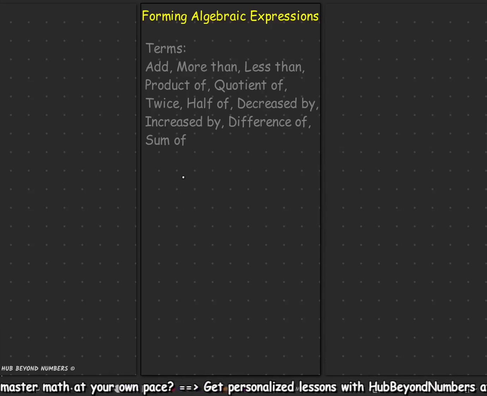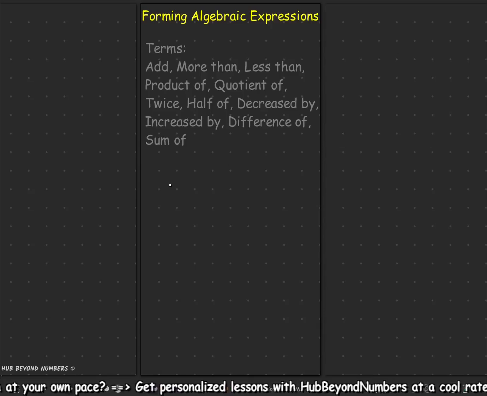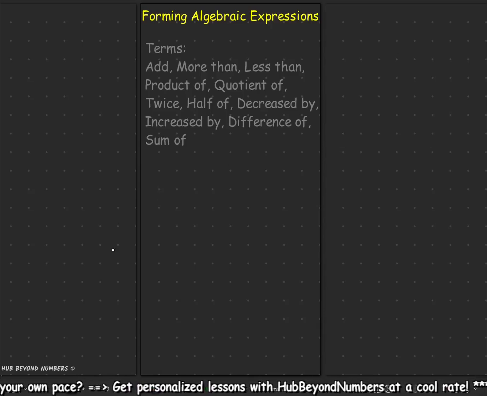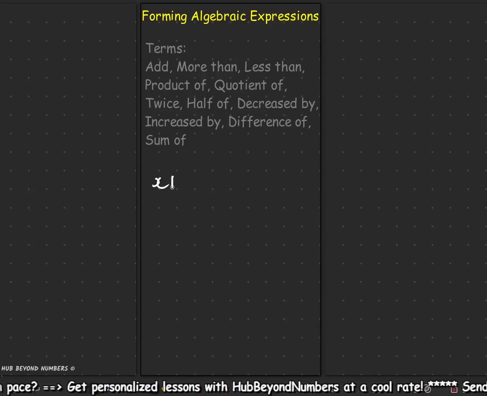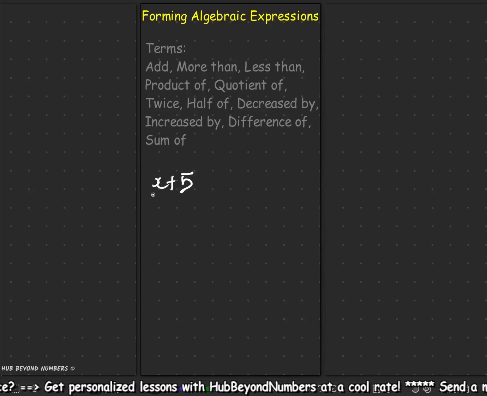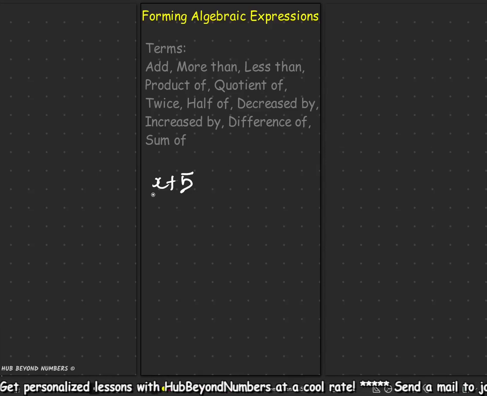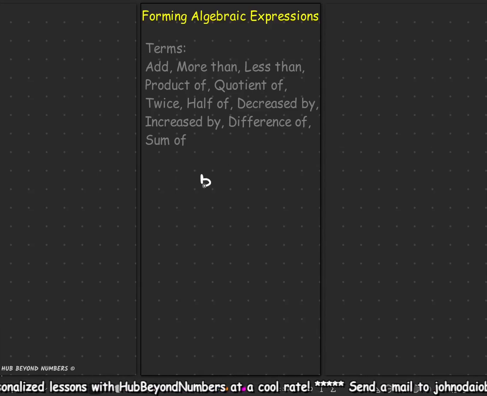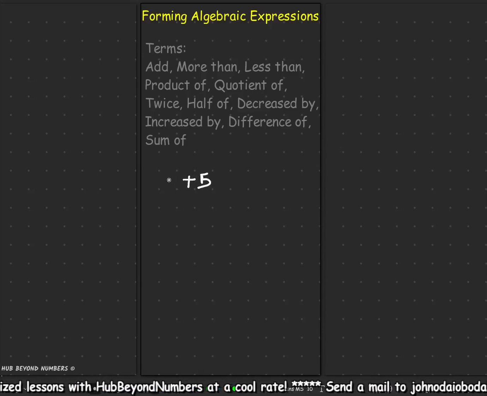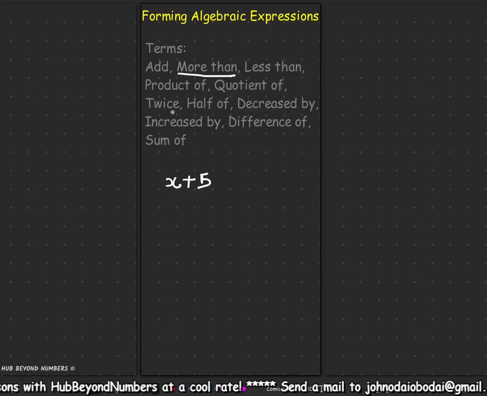When you are told 5 more than x, all they are saying is x plus 5. 5 more than x simply means x plus 5. What I try to do is read it from the left. So 5 more than x, more than means addition. So that is what this more than here means.